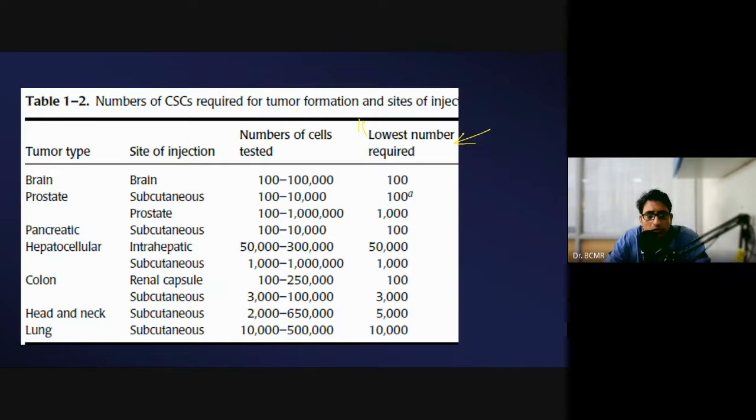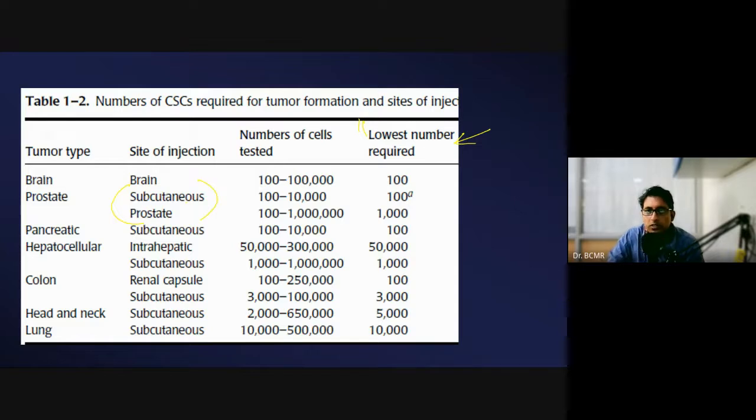And we also brought into light the site of injection where we are putting in the cells. Not all cancers can grow everywhere in the mouse body. So we need to check different sites, and the ability with which they grow in different tissues also varies.